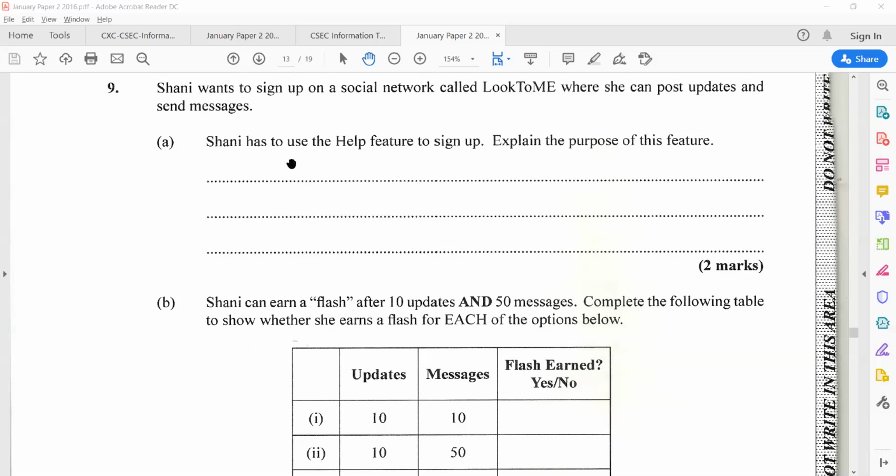Yes, so the help feature provides information and instructions to help persons use the social network application, right? And that's generally what it is. You know, all applications you use, or most applications you use have a help feature, Microsoft Word, etc. And what does that do? It provides information on how to use the application, how to use the program, etc. Right? So that's the help feature.